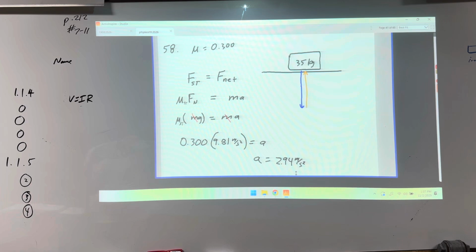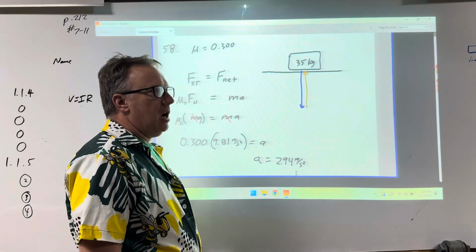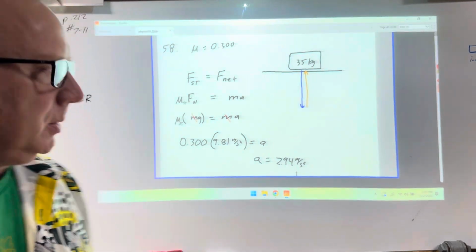And the last one, 61. The coefficient of static friction between a 3 kilogram crate and a 35 degree incline is 0.3. What's the maximum force that must be applied to prevent it from sliding? Again, this is going to turn into an algebra problem that you might have a little trouble setting up.